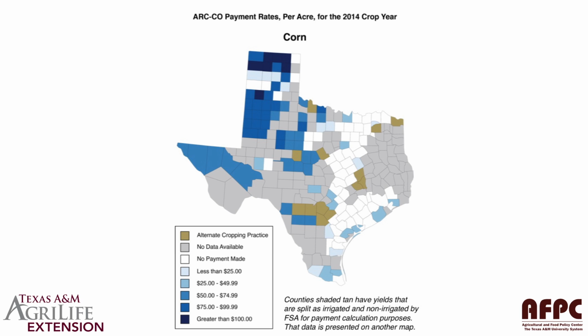The gray means that no data was provided by FSA. The white means that the calculated payment was zero. Then the different shadings of blue, with the darker blue being the higher payments, tell you where the higher payments were made across the state.